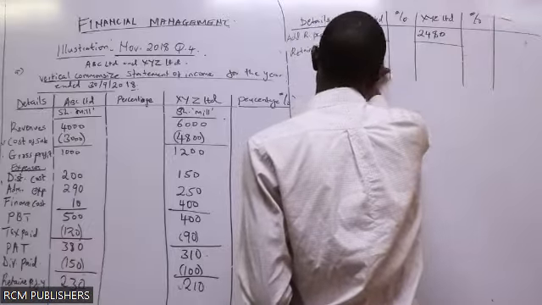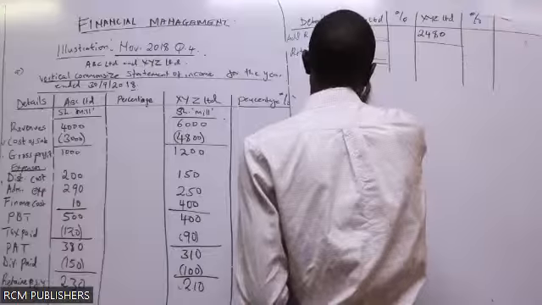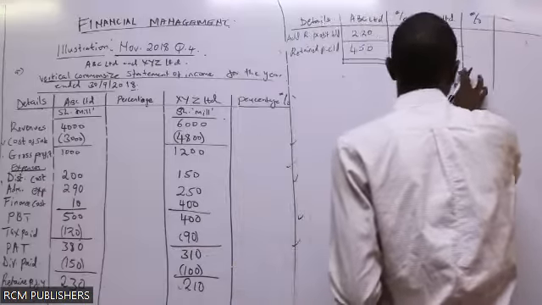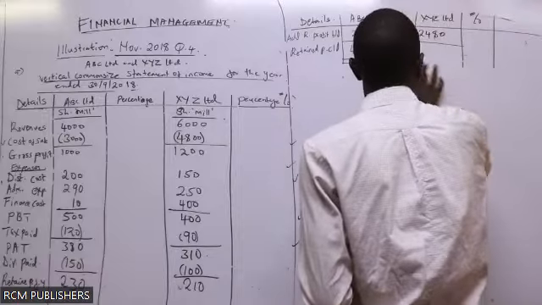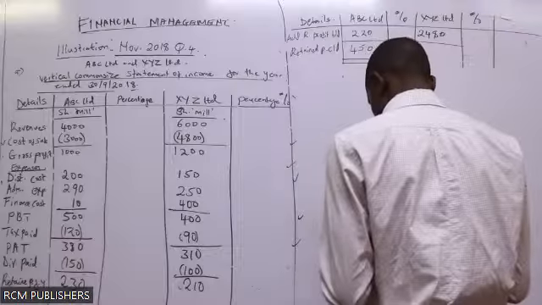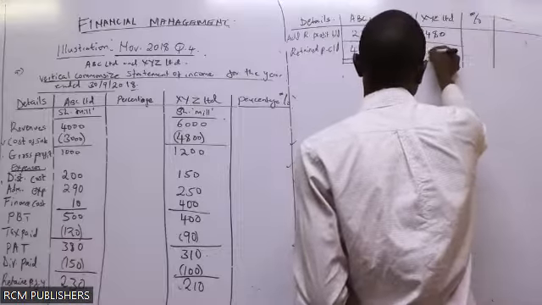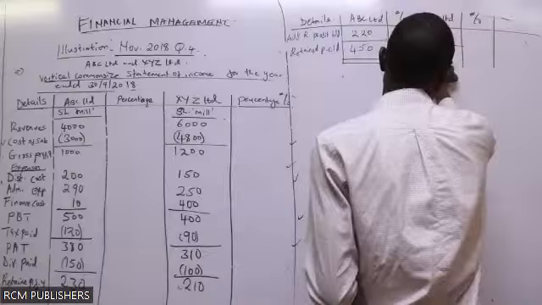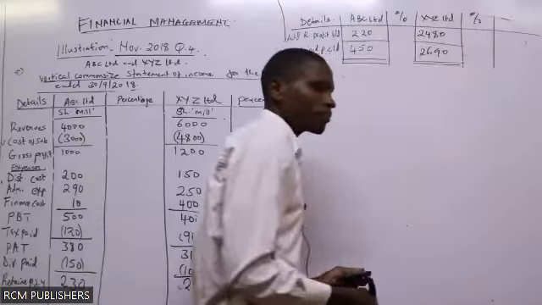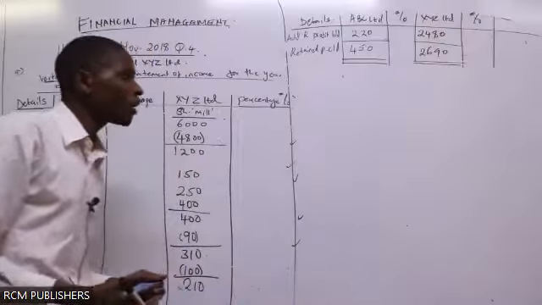Of course, you can close that. There's a funga here. Then the other one, hii ingine tuko na ngapi? Tuko na ngapi hapa class? Tunaongeza hiyo. Mepewa 2690. Great.